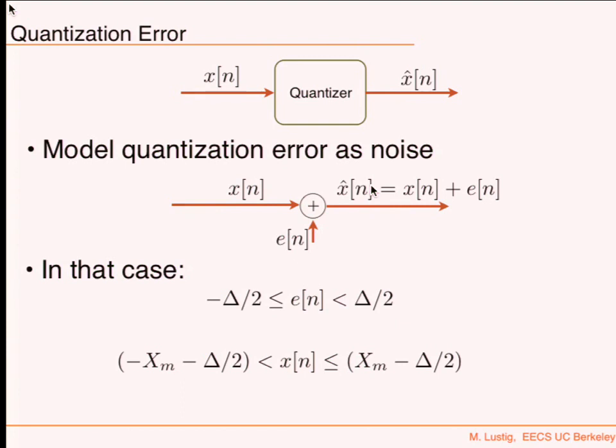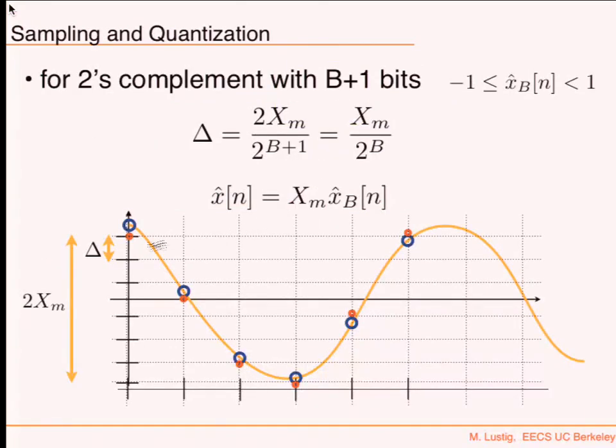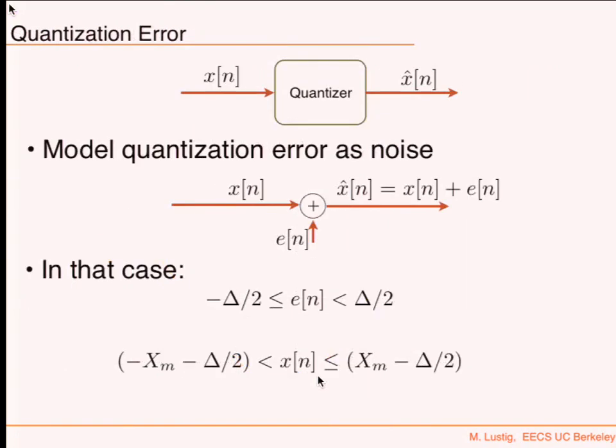So the quantized signal is the original signal plus some error signal. And that error, actually this is not even random. This is right now an error signal, which basically corrects everything and moves it to the right places. So the error signal will be the difference here, and this difference, and this difference, and so on and so forth.